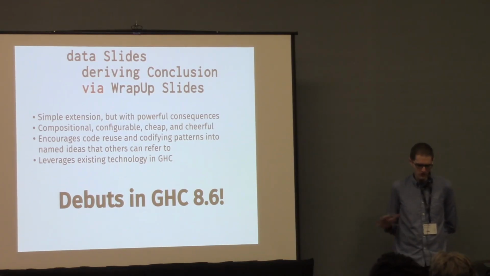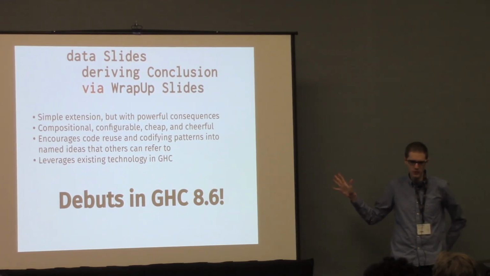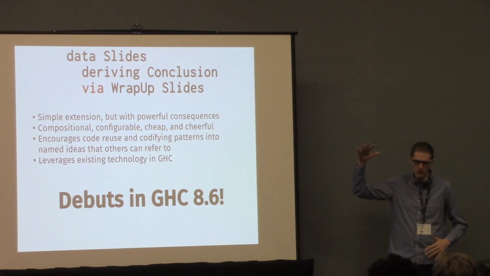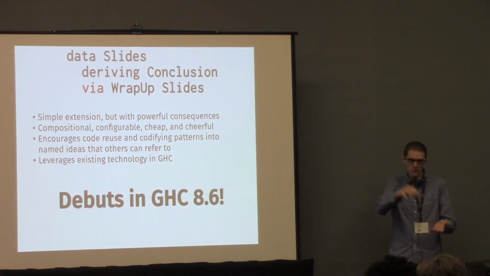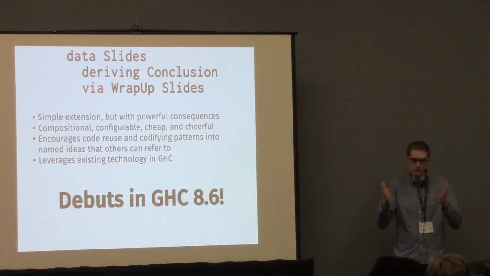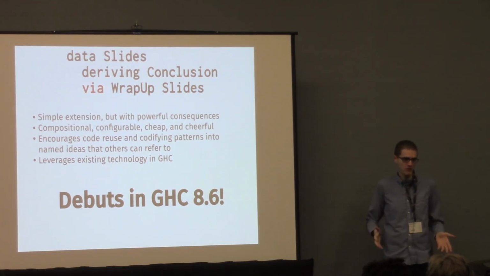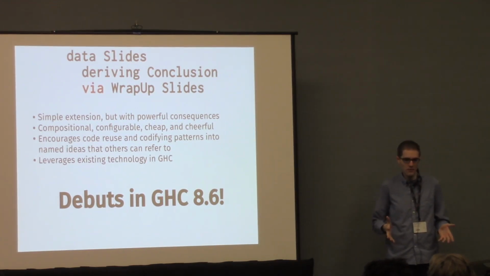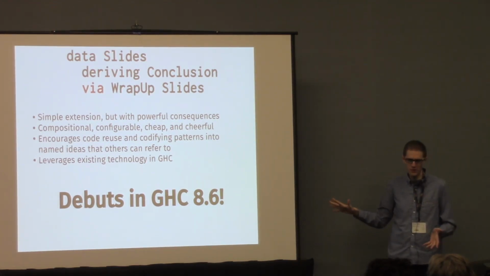Right, so the question was, with this technique, you have to do it on a whole class basis, whereas normal default signatures let you give defaults for particular methods, and give you the ability to define only one method at a time and let the others fill in based on that. And yes, this is admittedly a weakness of the system, which is why I was careful not to claim that this replaces default signatures, but rather improves on it.